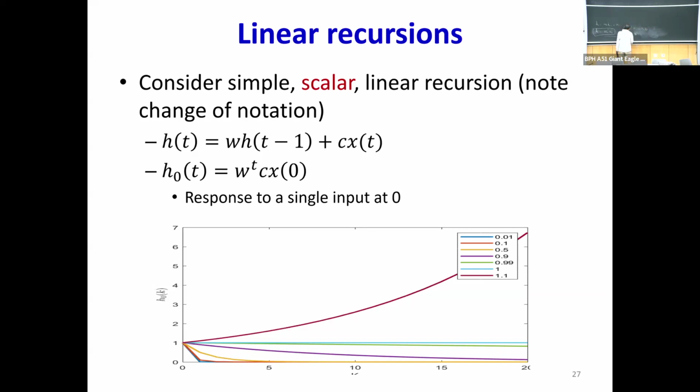And what is W raised to K going to be? It's going to be U lambda U inverse, U lambda U inverse, K times. These will cancel out, right? And so the whole thing is simply going to become U lambda raised to K, U inverse.